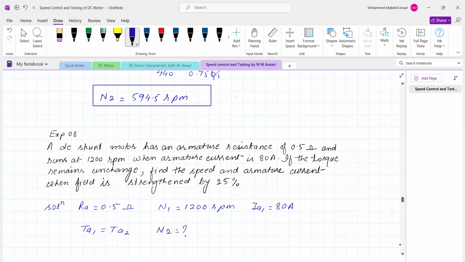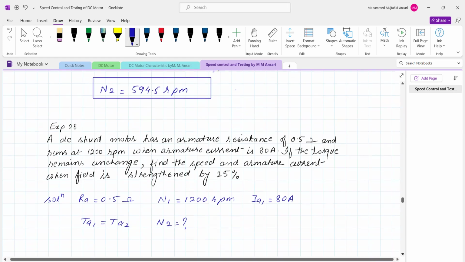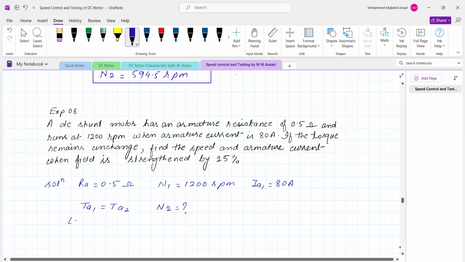Strengthened means it is increased by 25%. It means that let the initial flux per pole be phi1.